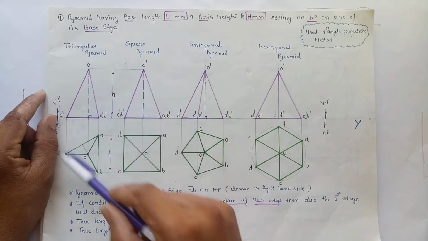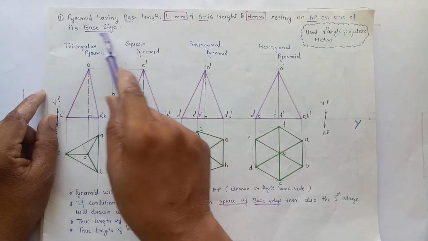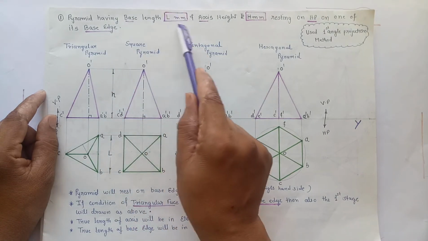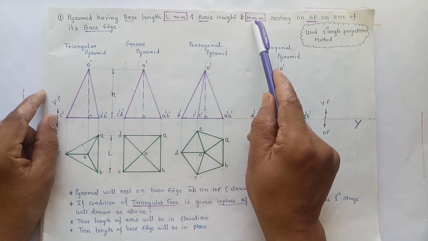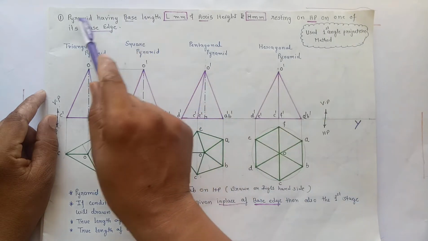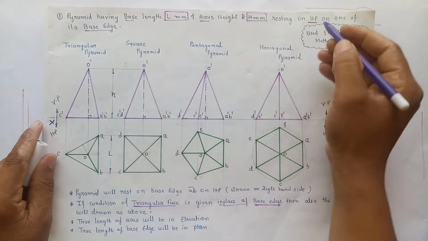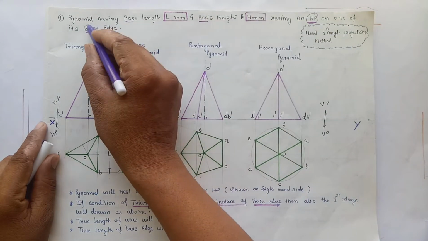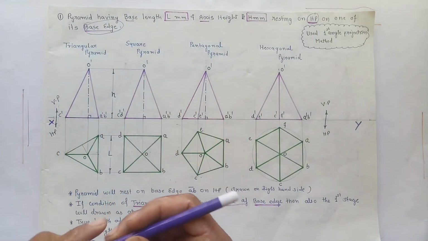Here we have taken the example of the pyramid. So here I have written: pyramid having its base length L mm, axis height h mm, resting on HP on one of its base edge. Here we have taken the solid resting on HP and on its base edge.